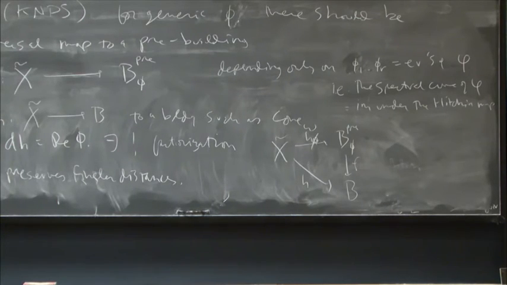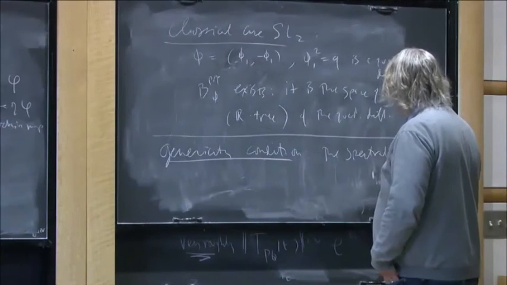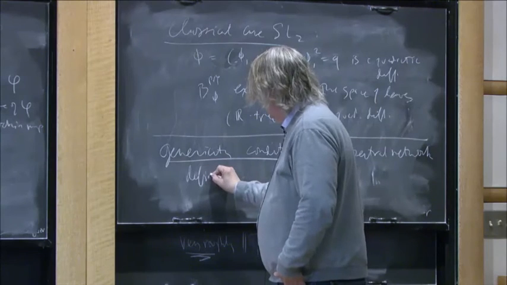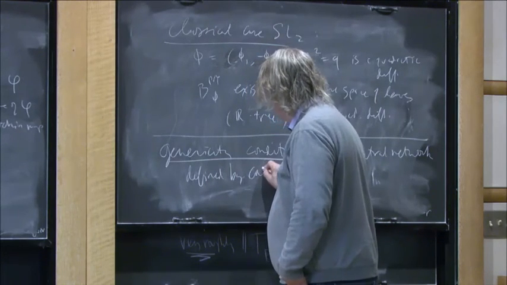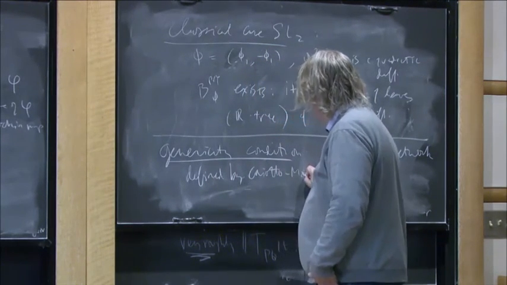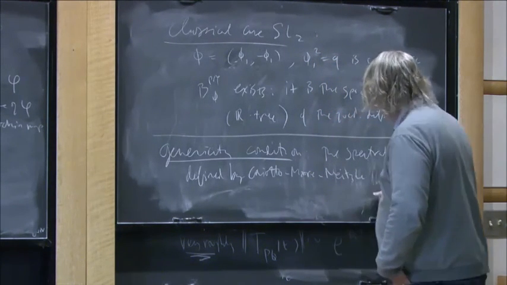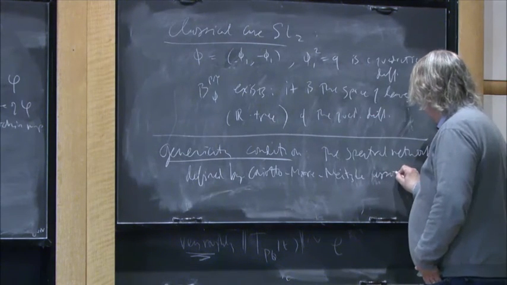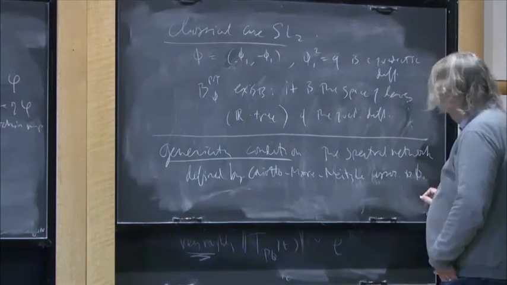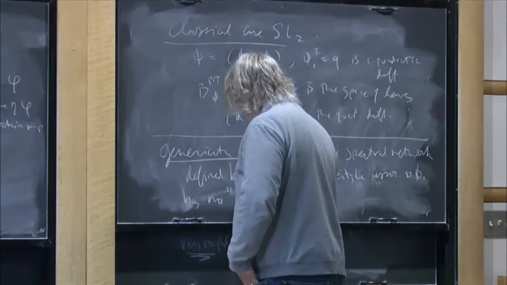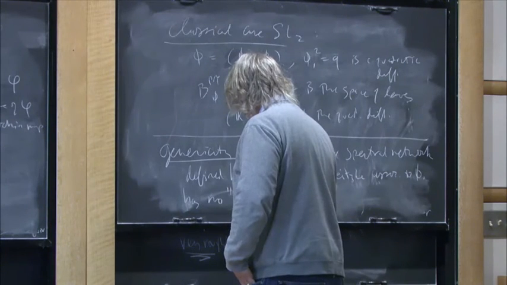Now, let me just say that the genericity condition is that in the spectral network defined by Gaiotto-Moore-Neitzke associated to the spectral curve, there are no what they call BPS states, or at least they used to call BPS states.